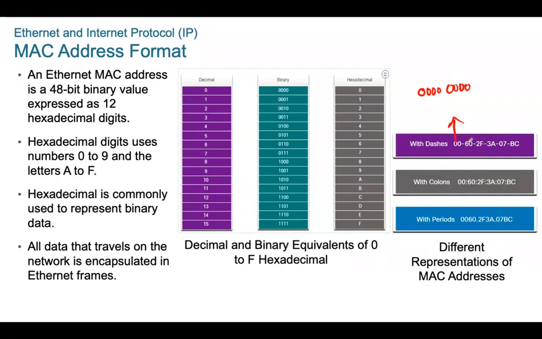For 6, what is the value for 6? Your 0 1 1 0, and for 0 it is 0 0 0 0. Similarly, if you start writing for all these, you will get 48 bits. Okay, so this is the MAC address format.